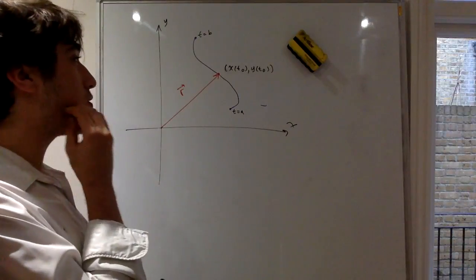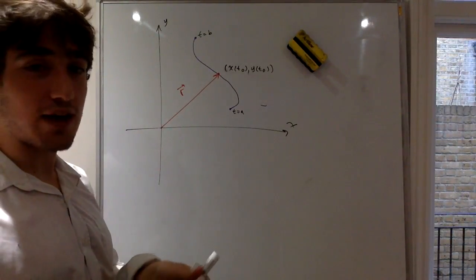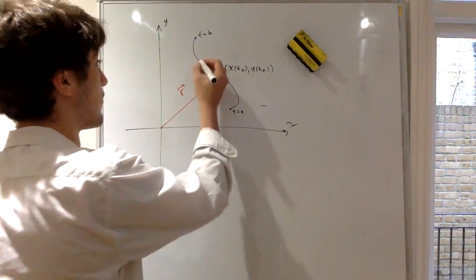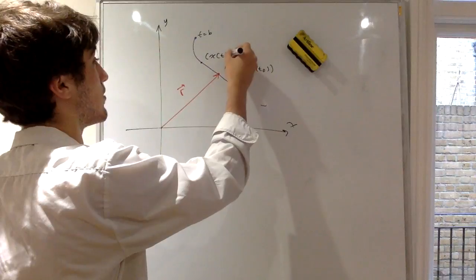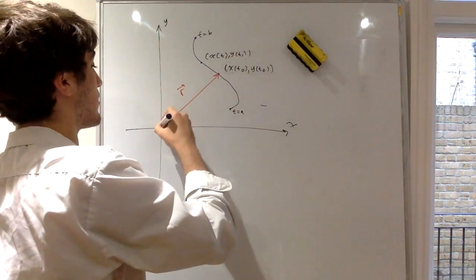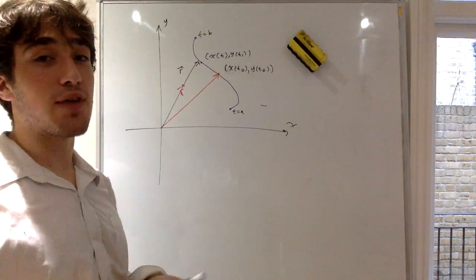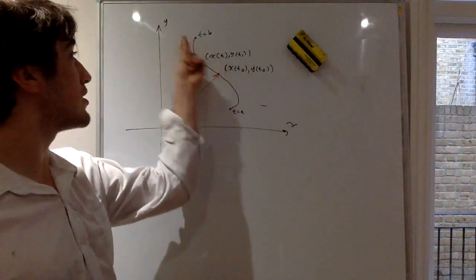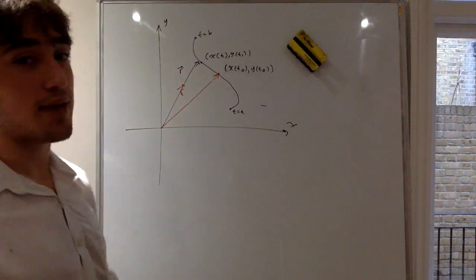Now note that if I picked another value of t, let's say here, then we have x of t sub 1, y of t sub 1, that would give me another unique position vector. And the position vector changes as I change the t. And if I increase it, it traces out the curve like that.